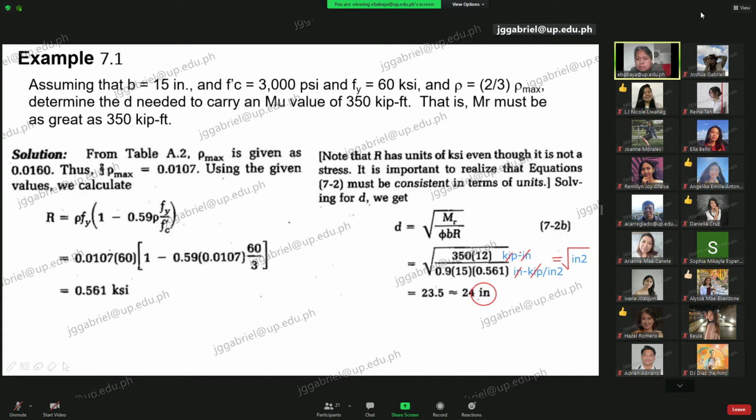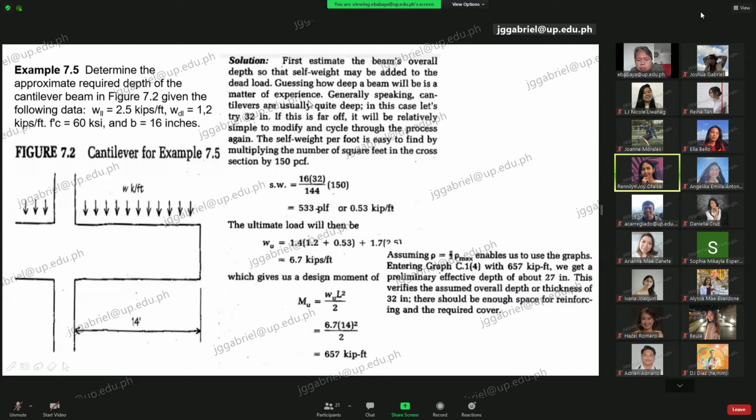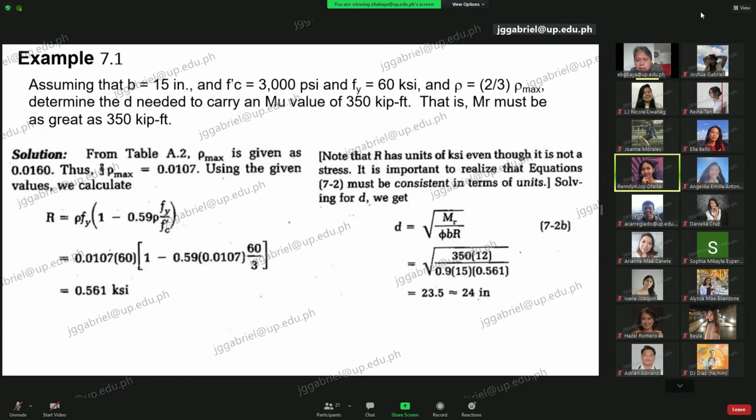So, any question for this example? Sir? Okay, so for that example, given the Mu value, the factored load, the factored moment, the 850 kip foot, okay, we were able to determine d.